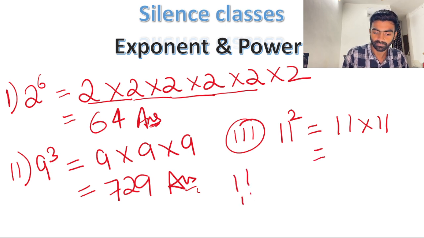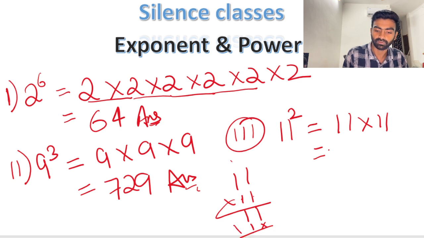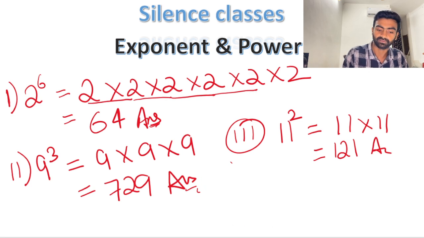Let's check it out. 1 multiplied by 1 is 1. 1 multiplied by 1 is 1, cross 1 multiplied by 1, and 1. If I add it, it will become 121. You can check it out, and this is the answer. I hope you guys understood.